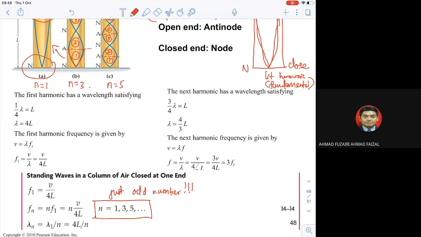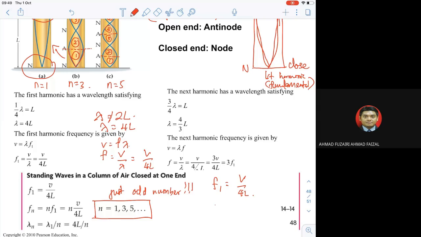And the difference also at the lambda. Lambda is not 2L. Lambda is 4L. Okay, for the open close end, lambda is 4L. So when you have v equals to f lambda, so f is v over lambda, so v over 4L. So f1 is v over 4L.